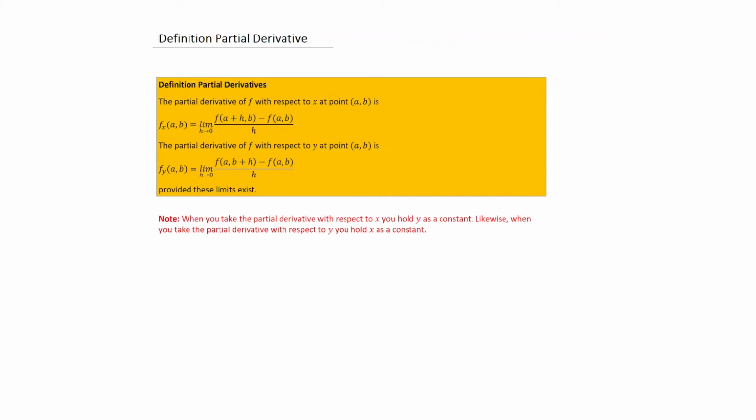In the case of f partial y, we evaluate at b plus h and at b, keeping the x value constant at a, taking the difference and dividing by h. In both cases, if we take the limit as h approaches 0, we're defining the partial derivative, f partial x or f partial y. What we're doing effectively is taking the partial derivative with respect to x holding y constant, or with respect to y holding x constant.